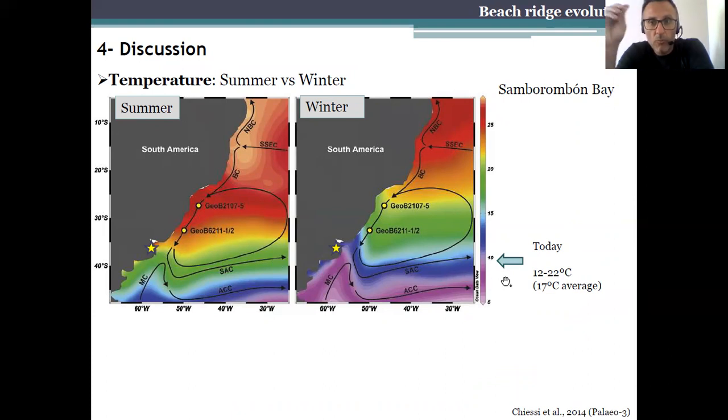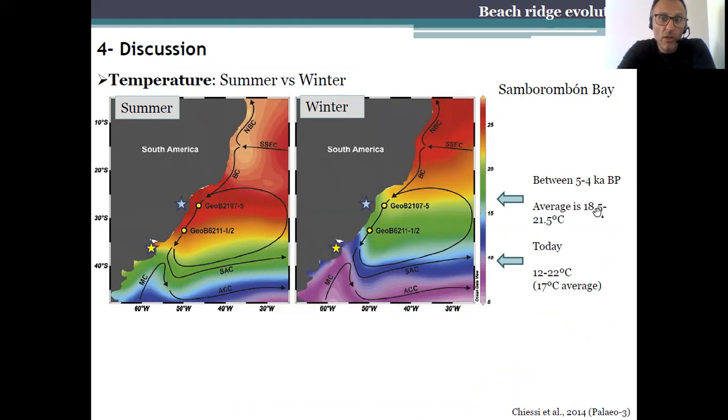But if we look at where today we have more or less the same conditions as we measured for the Holocene deposit, with an average between 18.5 and 21.5 degrees Celsius, you have to go to southern Brazil to obtain more or less the same water temperature data.